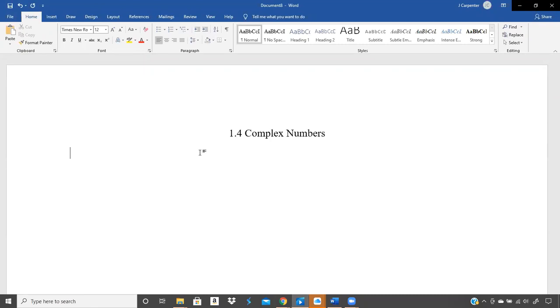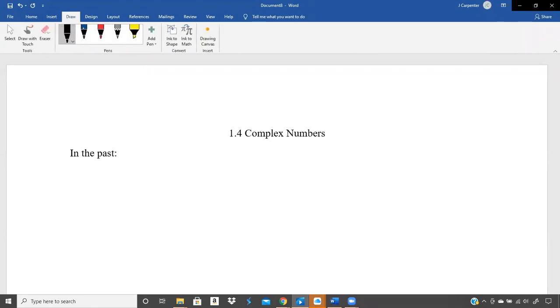But what we're getting into is the idea that, in the past, if you had, say, the square root of 4, you'd say that was equal to 2. But if you had the square root of negative 4, you may have said it does not exist, or you may have said it's not real.